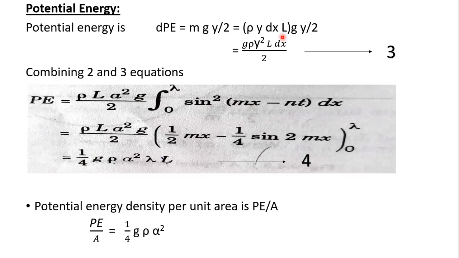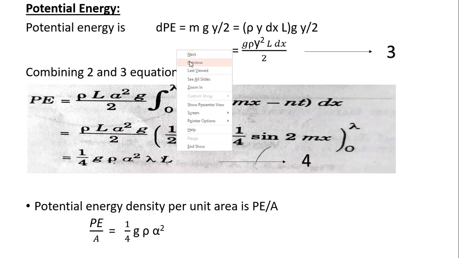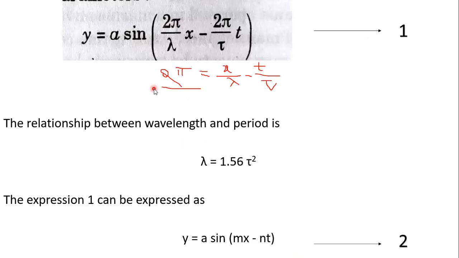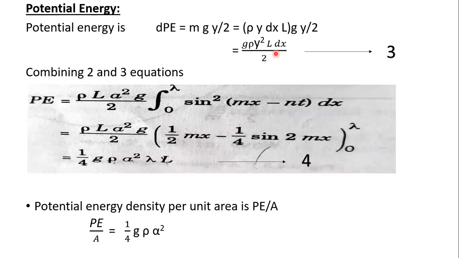Okay, these are the abbreviations, and if you combine these 2 and 3 equations, the second equation is this one and the third equation is this one. If you combine both, what will we get? PE is equal to rho L a square g by 2, integration from 0 to lambda of sine square (mx minus nt) dx.